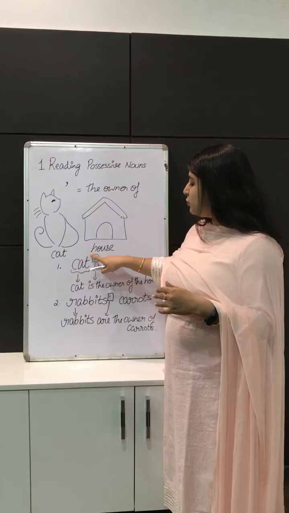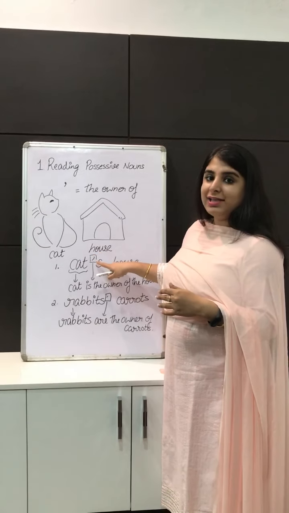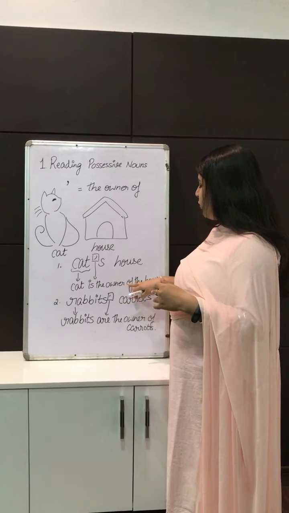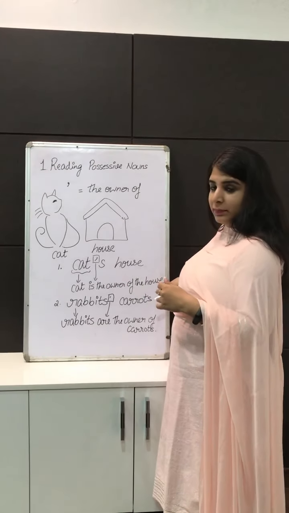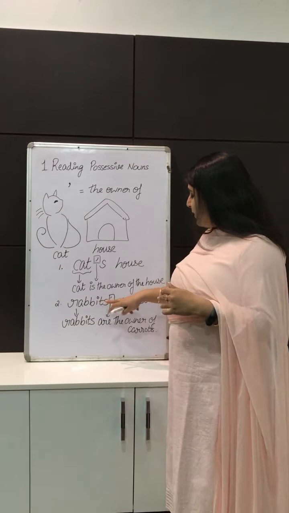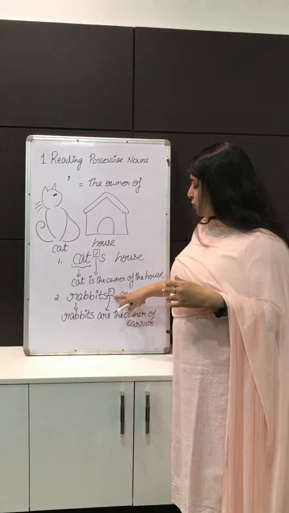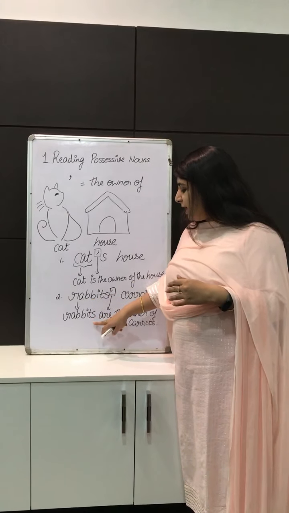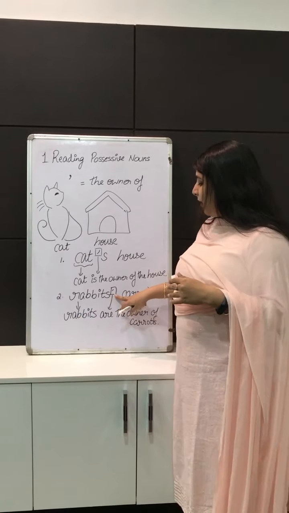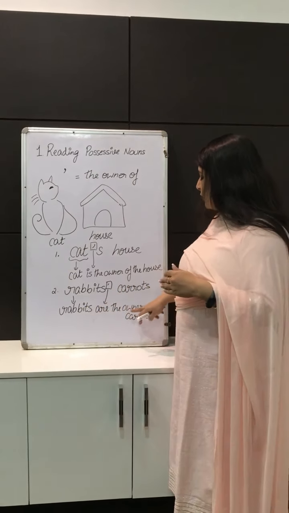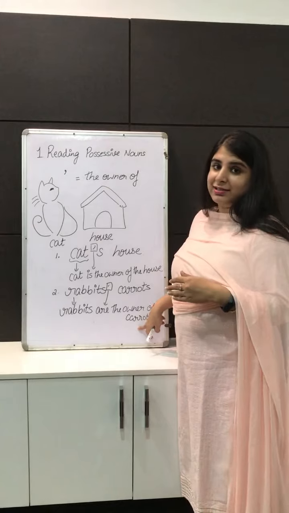And then we are going to read this symbol as the owner of. So cat is the owner of the house. Similarly, we have rabbits, carrots. Now what is written before the apostrophe? Rabbits. So we are going to read it as rabbits. And what about this? The owner of. So rabbits are the owner of carrots.